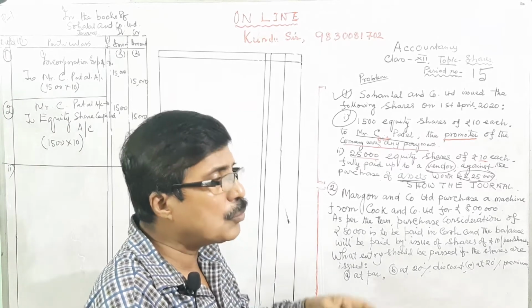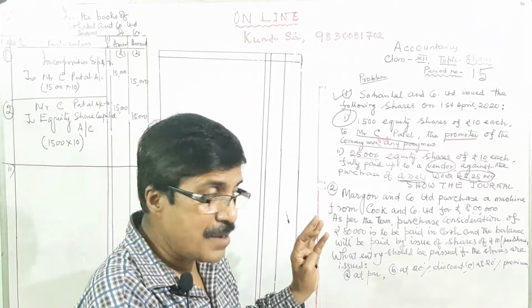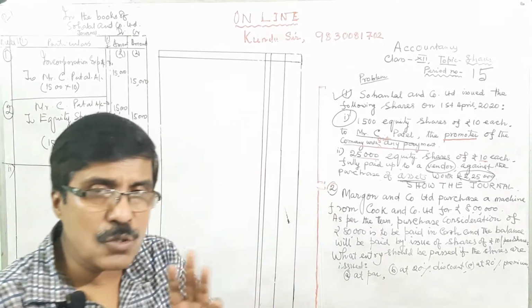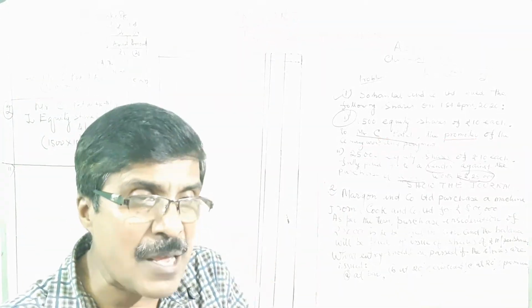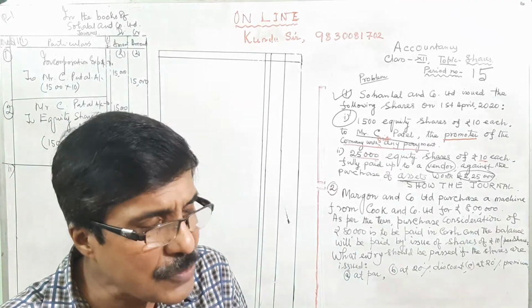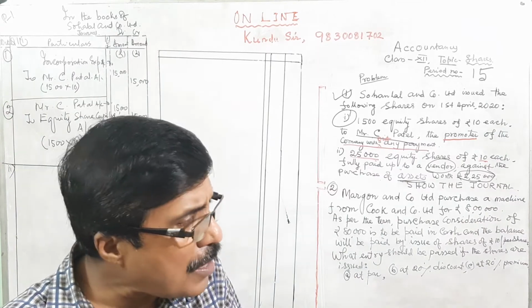In the last 2-3 classes I have explained this, but in this case there is no question of goodwill or capital reserve. It is applicable when we are purchasing a partnership firm, a company, or any type of business.